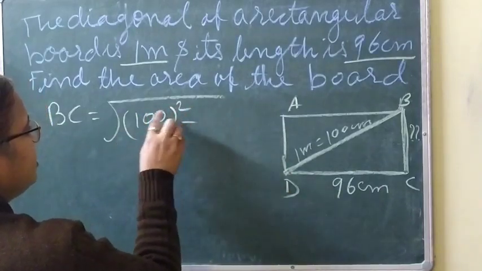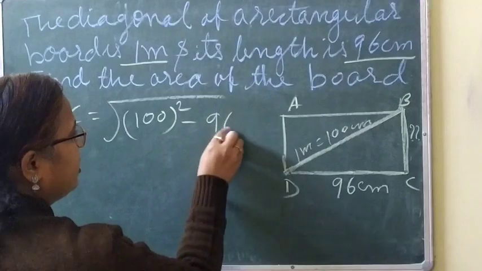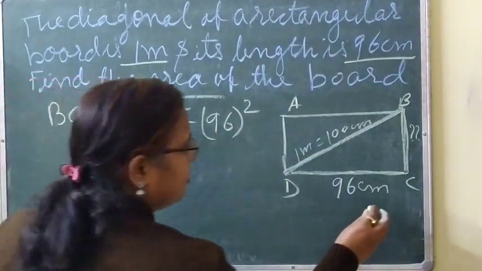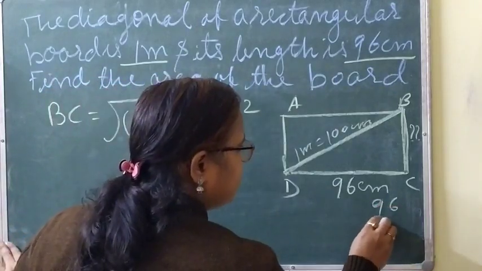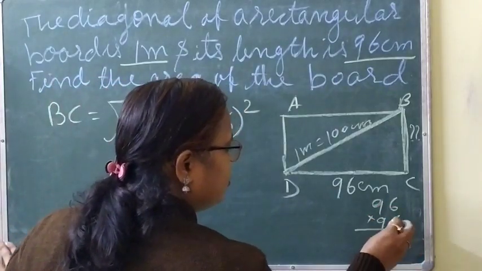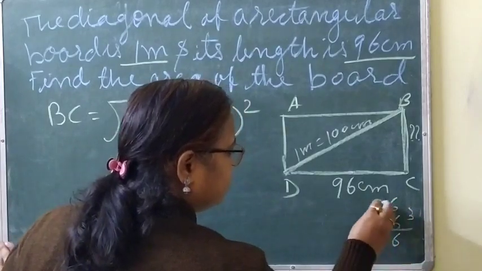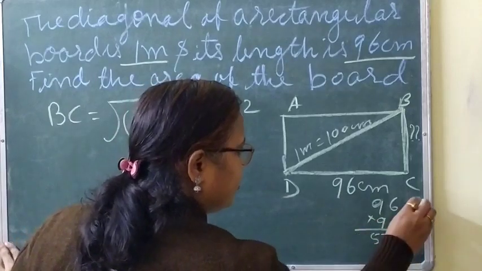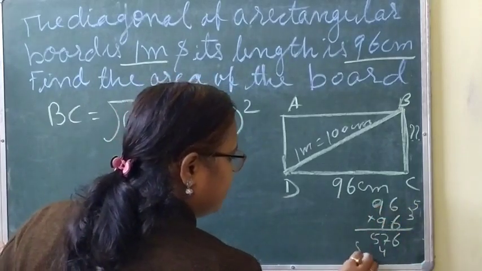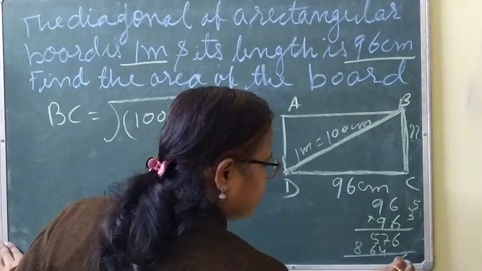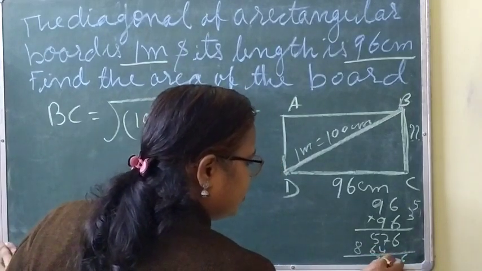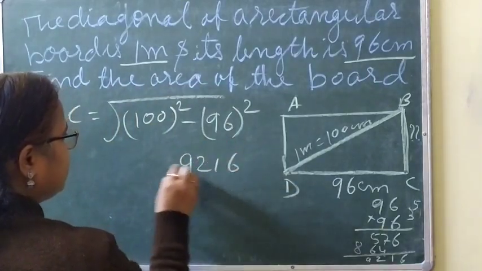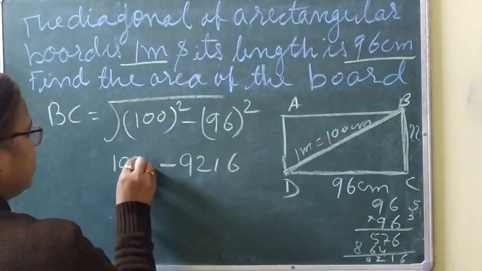100. Means square of 100 minus square of what? 96. Clear? And square of 96 we will find out. So 96 into 96. This will be equal to what? 9216. And square of 100 is 10,000.